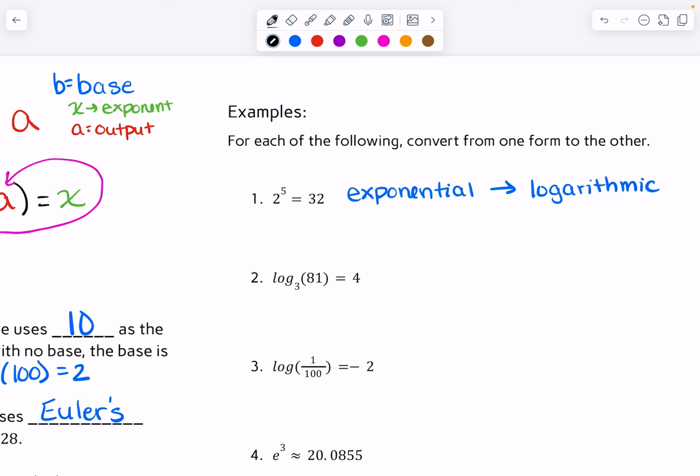So if we start here, I know I'm going to have a log. Since I'm starting from exponential, I'm going to logarithmic. My base was 2, so it's going to be log base 2 of A, right?